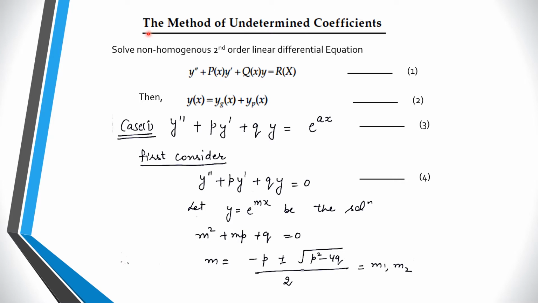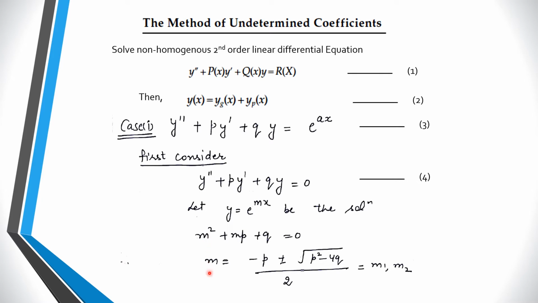Whenever we have to find the general solution, we first consider this equation as homogeneous. Take r(x) to be 0, simplify this, and find the solution. We know how to solve such a differential equation. Since this is an equation with constant coefficients, we assume e to the power mx as a solution. We get the auxiliary equation in m.